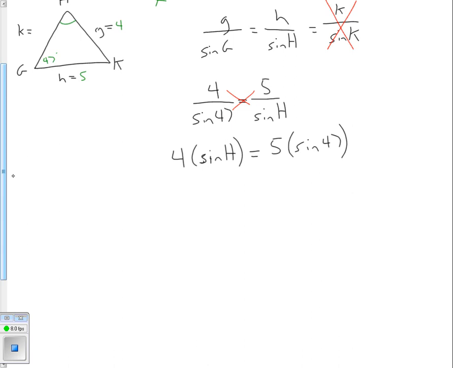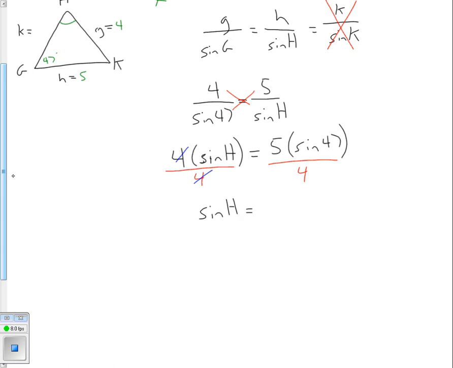Now again, I'm trying to get sine H all by itself on the left-hand side, and right now it's being multiplied by 4, so I'm going to divide both sides by 4. If I divide both sides by 4, I can eliminate those two 4's and just be left with sine H on the left-hand side of the equal sign.